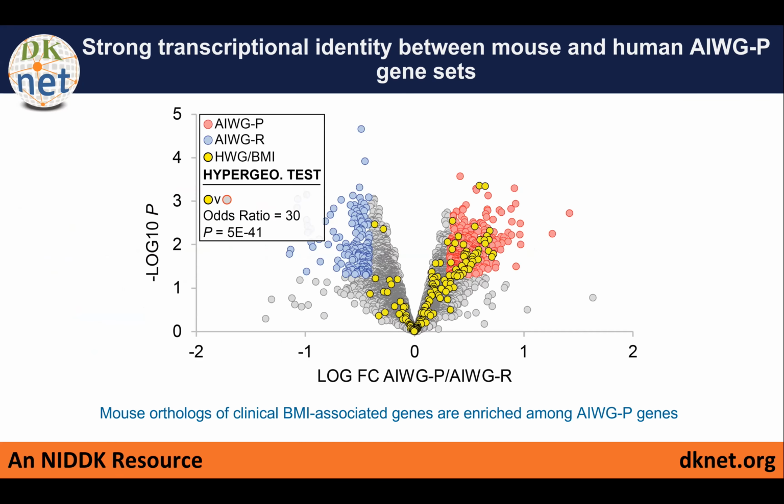When we took mice orthologs of these clinical BMI associated targets and overlaid them on the AIWGP or AIWGR targets, we find that these things associated with clinical BMI are highly enriched among the AIWGP targets.